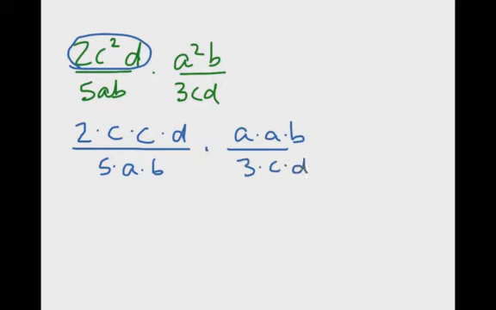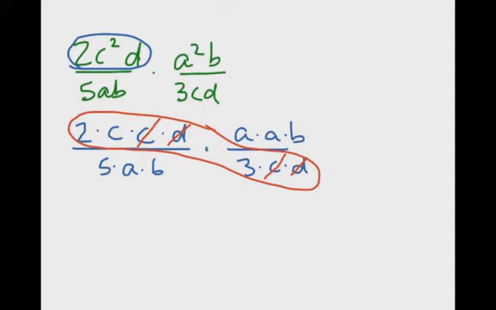Now, if you don't want to write out the prime factorization of each of the parts, you don't have to. I find it helpful because then you can see all the parts and make sure that you do in fact pull out the greatest common factor. So now let's look, first going diagonally this way, and I see that there's a c and also a d that we can cross out.